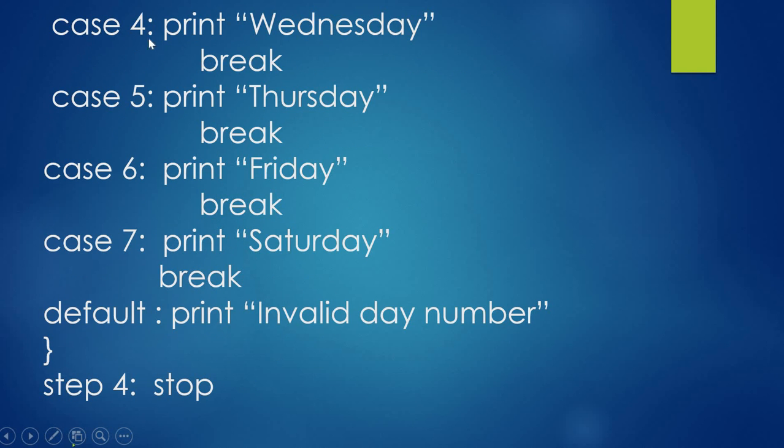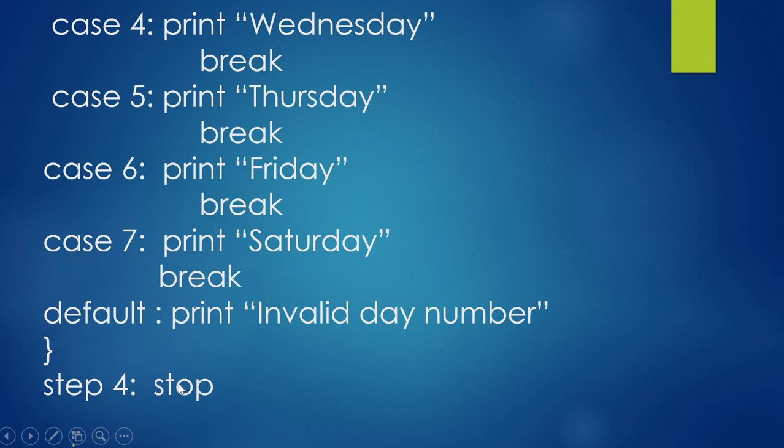Day number 4, Wednesday; 5, Thursday; 6, Friday; 7, Saturday. Then default, what is the default? If the day number is not equal to 1 to 7, then we print invalid day number. The default statement is: print invalid day number.